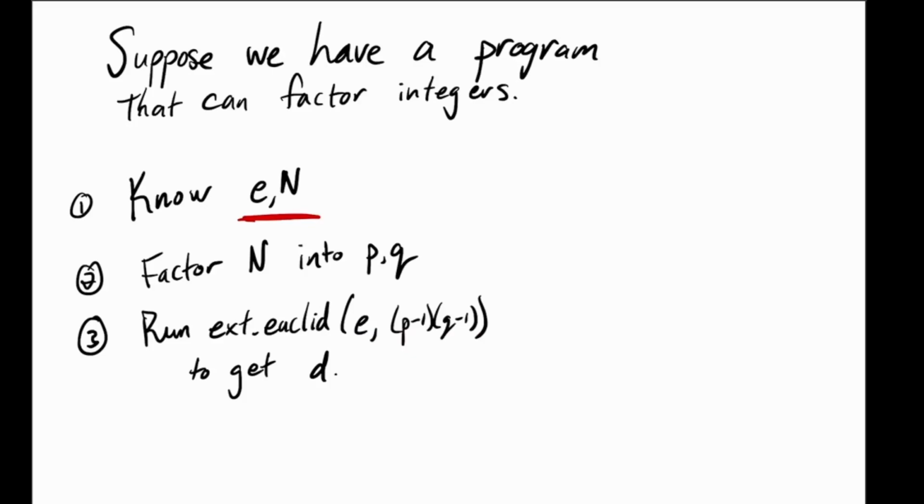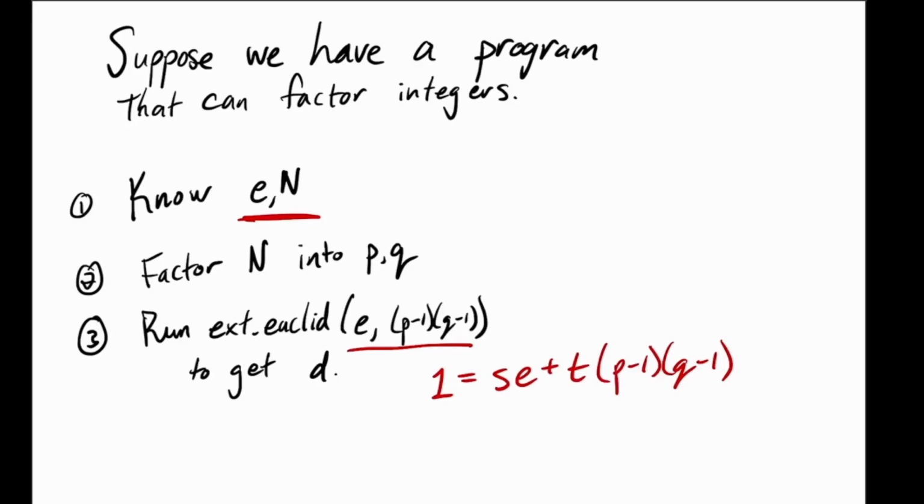Because remember, the output of this algorithm will be numbers. The GCD of these two numbers is 1, so I'll get a number s times e plus t times (p minus 1)(q minus 1) equals 1.